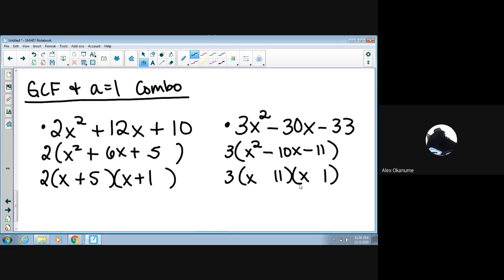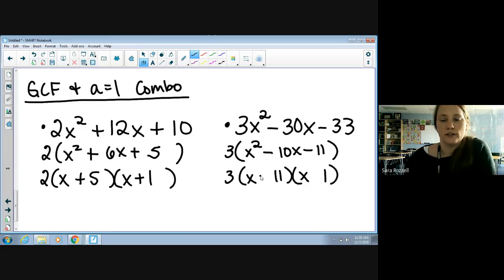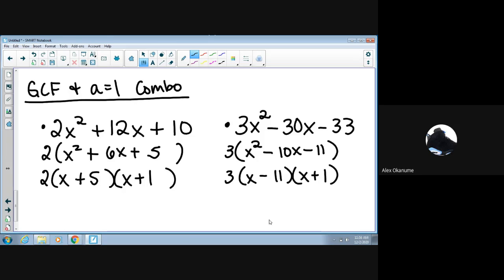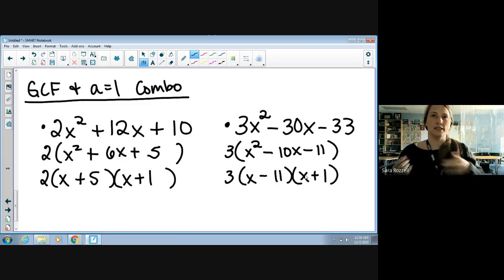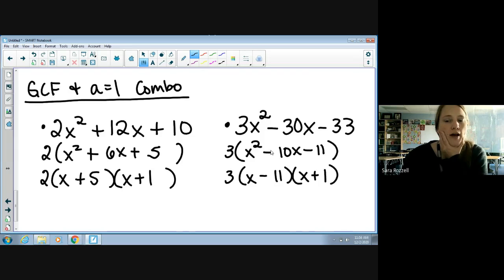Let's see. The 11. Yeah, the 11. So let's see why. Oh, my fault. Negative 11 plus 1 makes a negative 10. If we had it swapped, positive 11 minus 1 makes a positive 10. Okay, so remember, if you have a negative in the middle, it's going to have to be the big number. It's going to have to be the negative one so that it will stay negative.